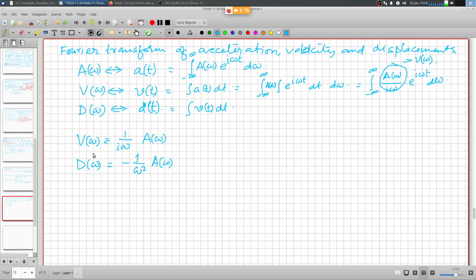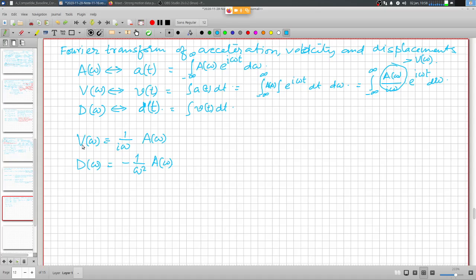Once we have these Fourier spectra of velocity and displacement, we just take the inverse Fourier transform and we get the velocity and displacements. All these Fourier transforms may appear complicated, but they are native functions in Octave or MATLAB, and it's just a matter of calling the appropriate function to do this analysis.